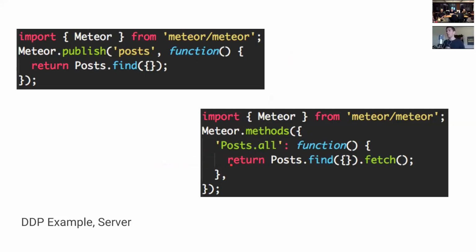And since we're not using DDP publication, the way all of that works, we can't actually pass along the cursor, because it won't automatically convert that for us. So this .fetch is basically just going to turn that cursor into an array to pass just an array of data down to the client.